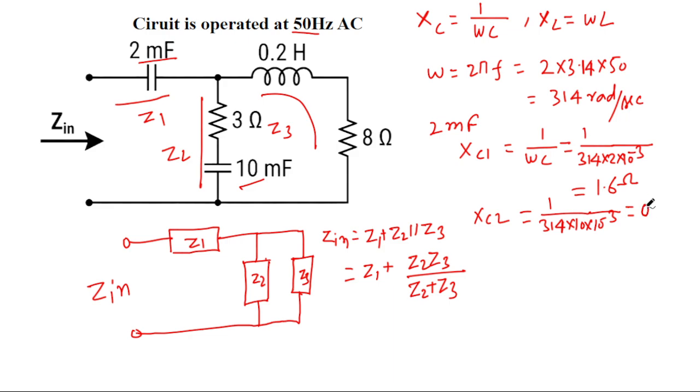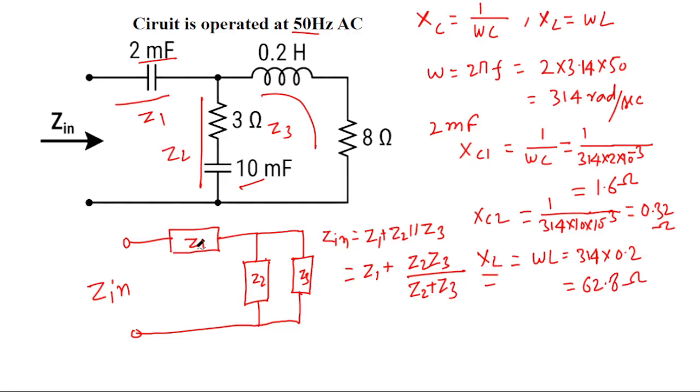So it will come as 0.32 ohm. The value of XL is equal to omega L, where omega is 314 multiplied by L, which is given as 0.2. If you multiply this, it becomes 62.8 ohm inductive reactance.